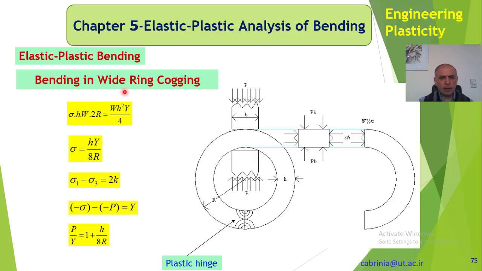Note that here when we say wide ring, why do we say wide, and why are these equations applied only for wide ring? Because when the ring is wide, the dimension perpendicular to the screen is much greater than h. When that happens, the flow of material is only in the plane of the screen.